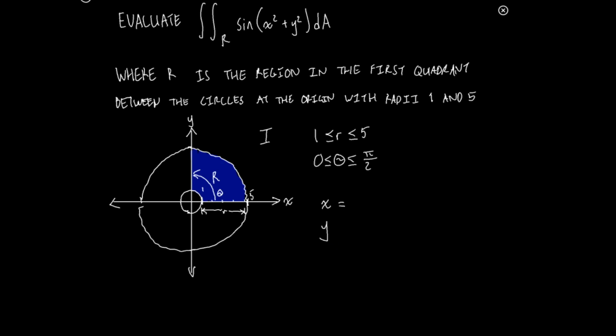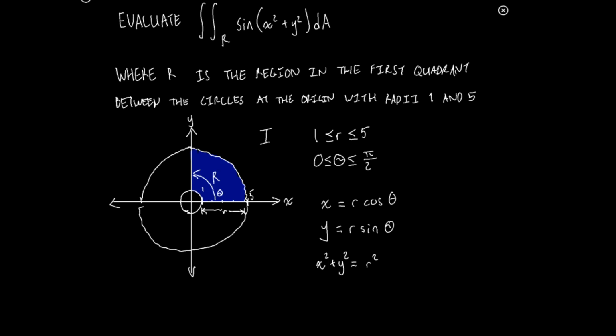So x is equal to r cosine theta, and y is equal to r sine theta, right? And one other identity that's useful to know, which you could work out from these two, but that takes too long: x squared plus y squared, which is something you'll see all over the place, is equal to r squared. Now that we have all of these, we can go ahead and substitute into our equation and work out from there.